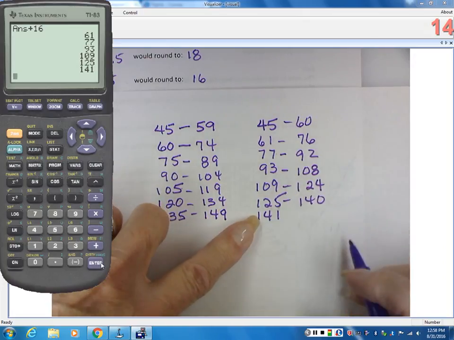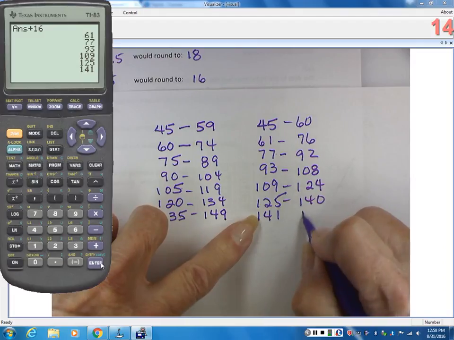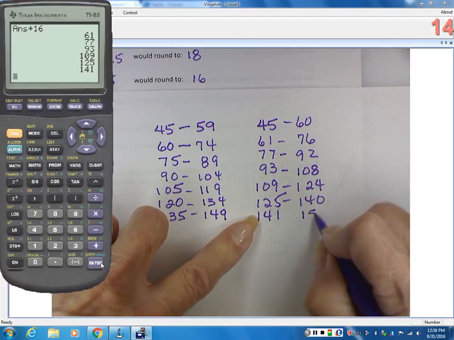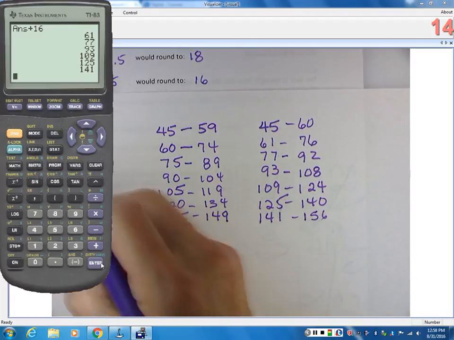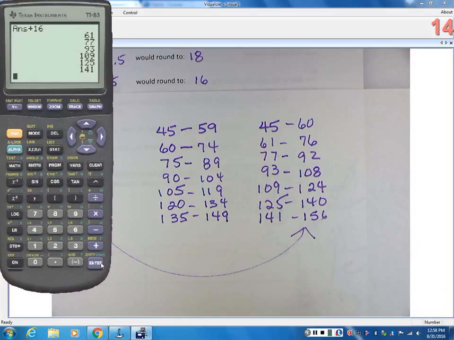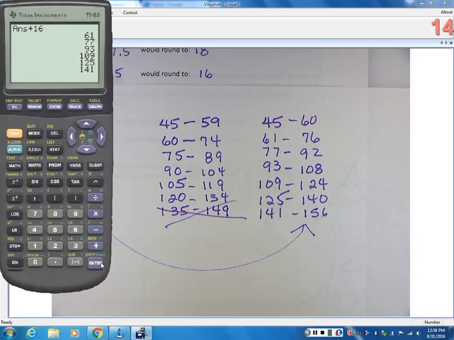And 140 plus 16 is 156. And my 150 will go here, but it wouldn't go there. Okay? So there's the why of rounding up. If you don't round up, your frequency distribution won't be large enough in the last class to contain your highest data value, and you won't have any place to put it.